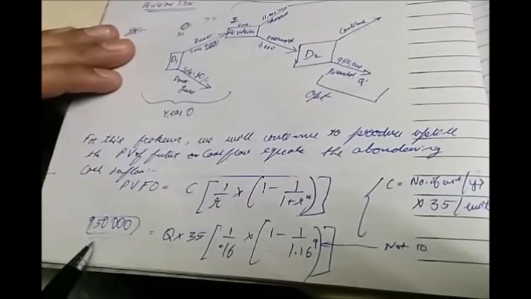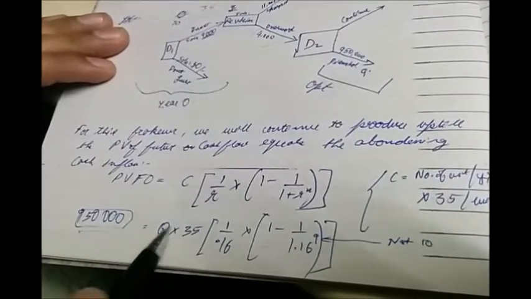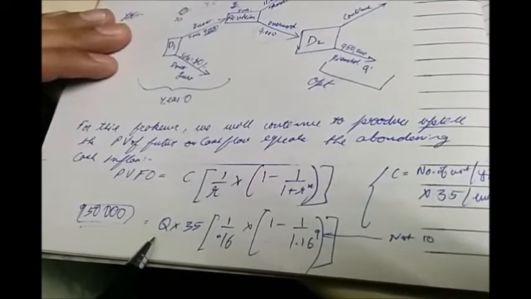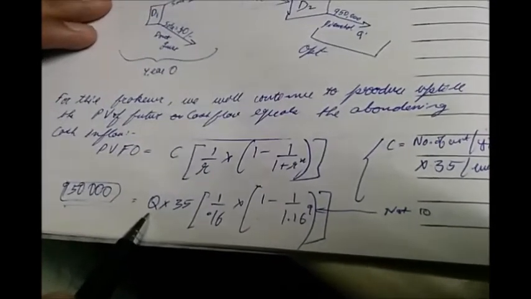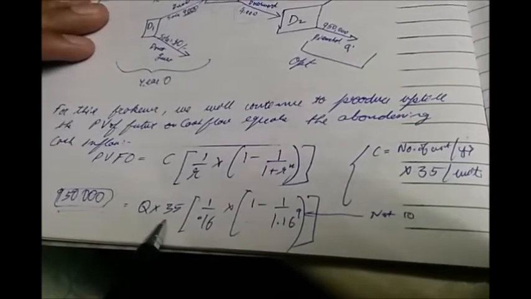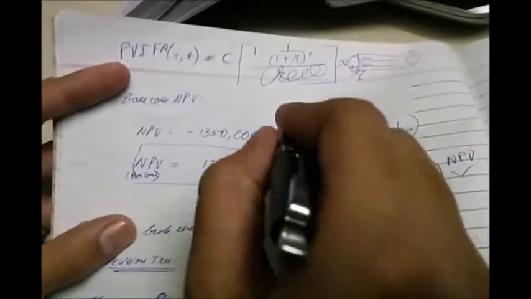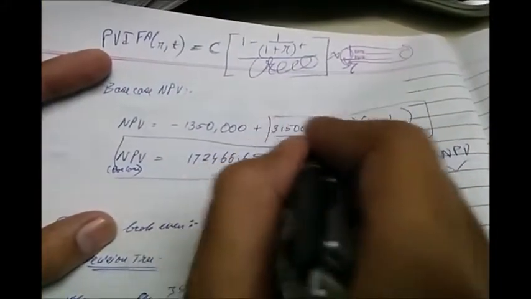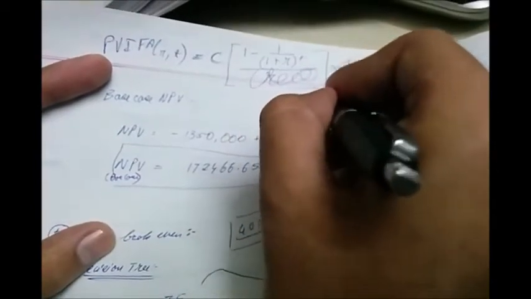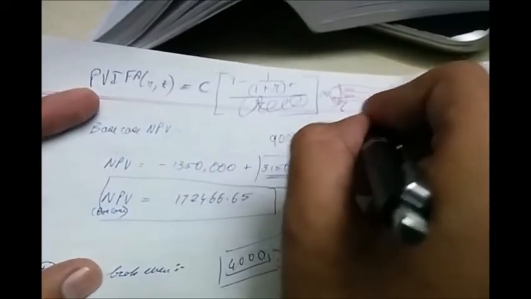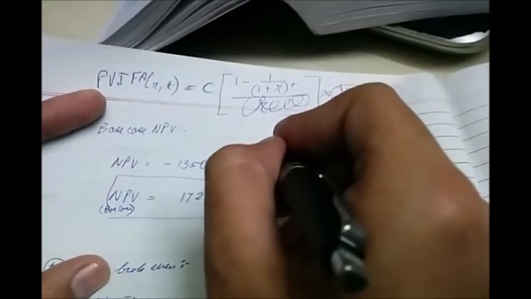So what I'll do, I'll equate these both. In it, I won't be giving any quantity here. So I will get till what quantity. In this particular formula, I will not be putting Q, and towards the end I'll get it. Now what is this formula? It is nothing but the PVIFA. It was supposed that I will sell 9,000 units at 35 till 10 years. But here I am not sure about this particular quantity.